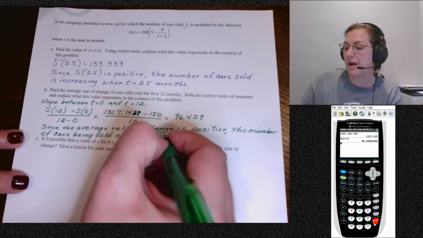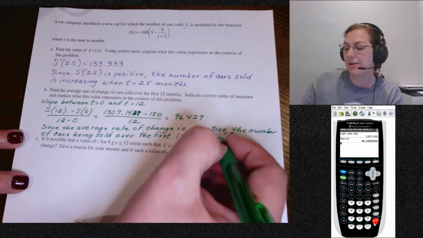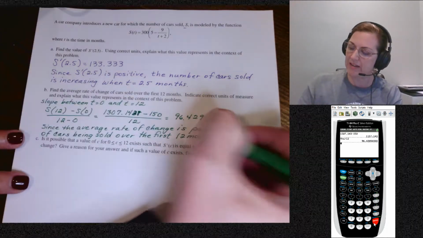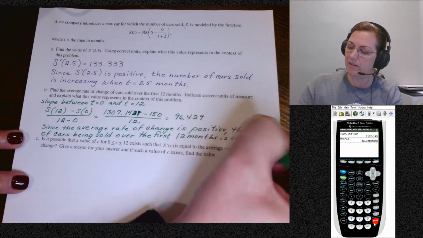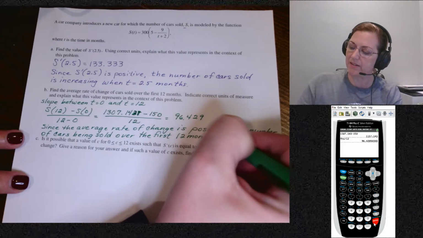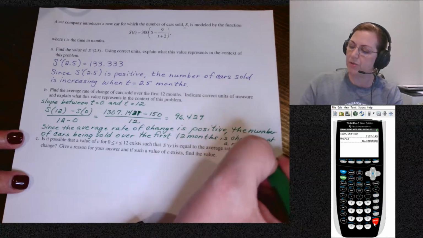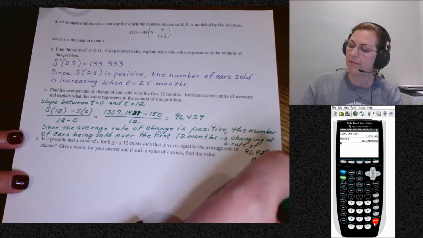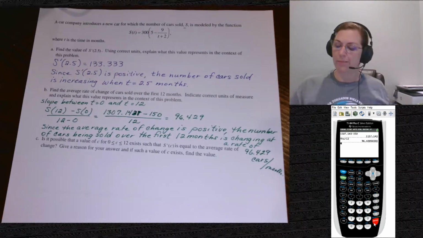On the first problem, I told you at t equals a particular value. This time we're saying over the first 12 months is changing at a rate of 96.429 cars per month. Okay, we made sure to include the units as well.